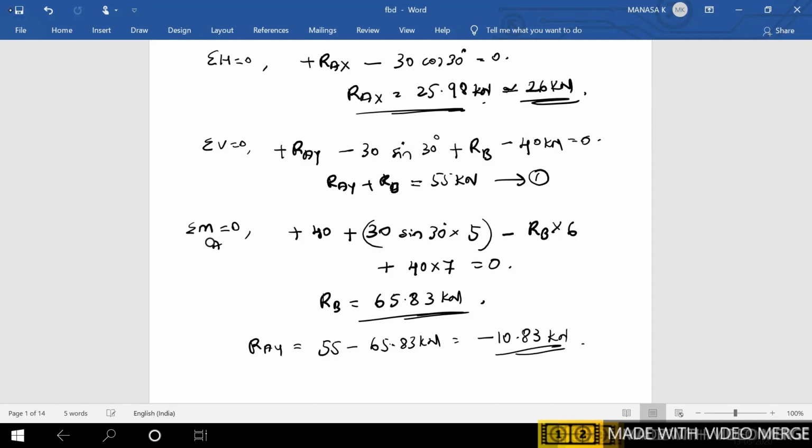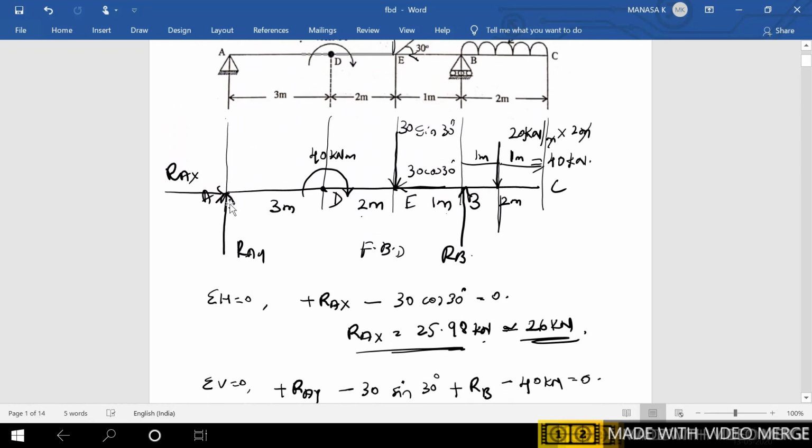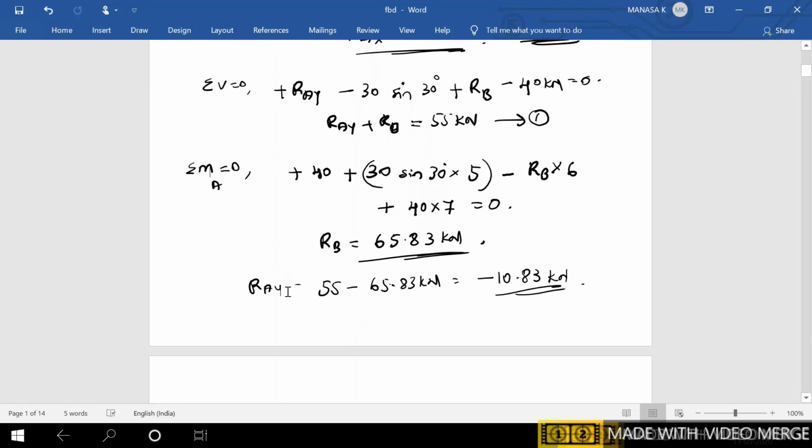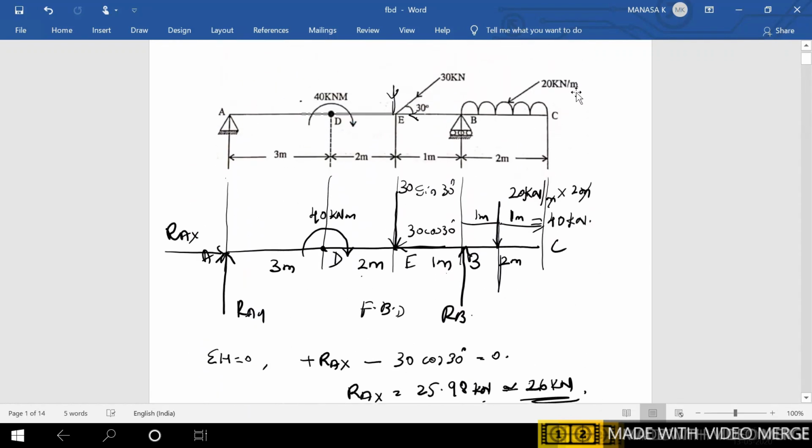See, this minus value of RAY says that this reaction which is assumed upwards is not in upward manner, but it is downward. So once again you can draw the free body diagram and show the direction as downwards, or else you can write the value as minus 10.83 kilonewton. So this is the solution for your figure which is given here.